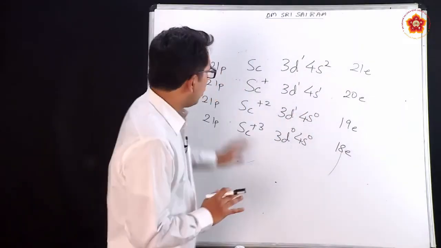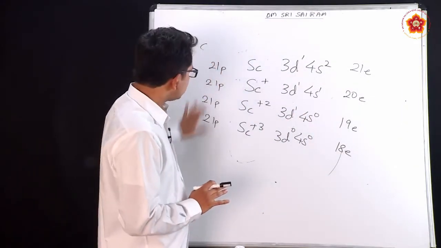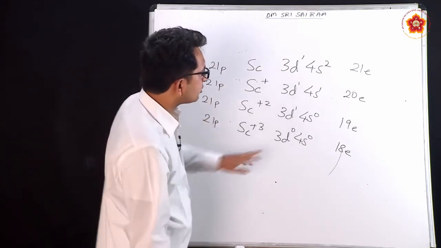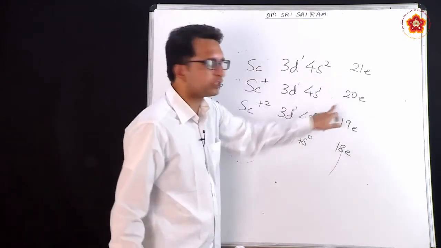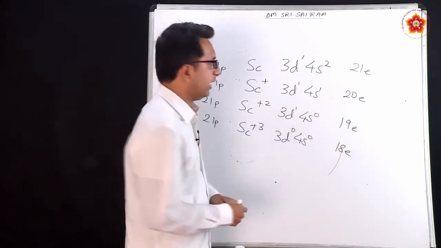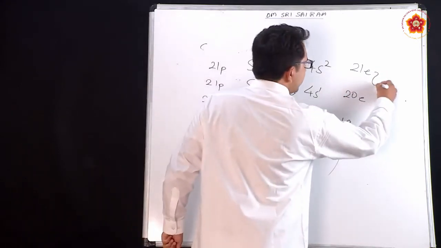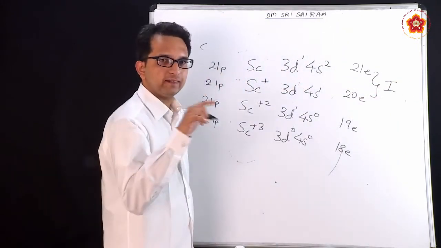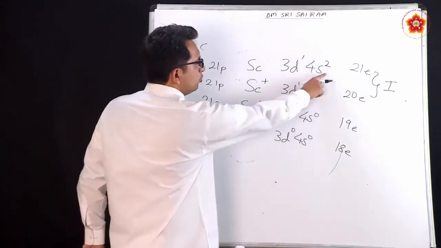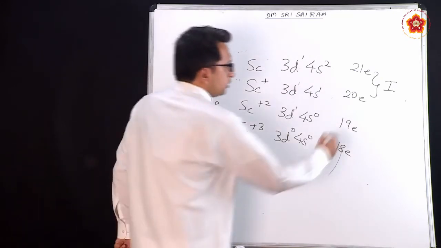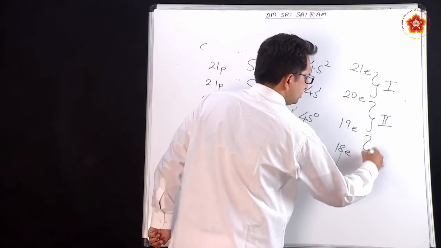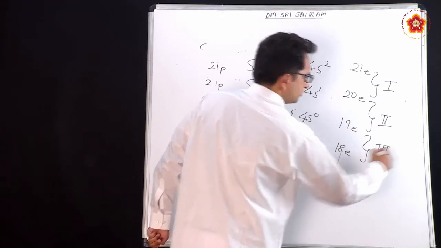So we see that protons are the same everywhere, you have not disturbed the nucleus, but what you have disturbed is the electron setup. When you remove the electron here, this is called the first ionization enthalpy, because you removed one electron. This second part is called the second ionization, this is called the third ionization.